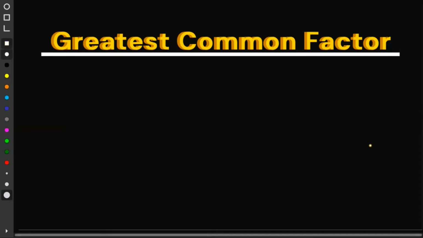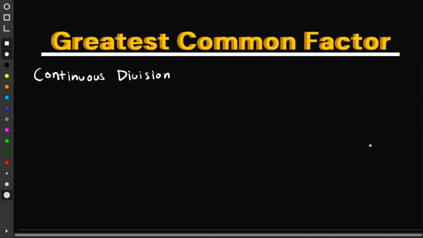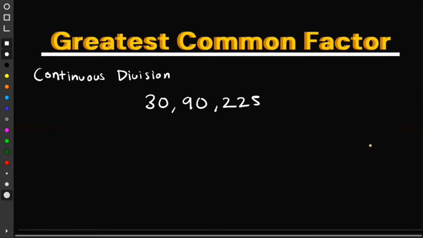For our next method, similar to the LCMs, this is the continuous division method. Let's write that down. So let's try 3 numbers this time. Say we have 30, 90, and 225. First, we check what factor is present in all these 3.